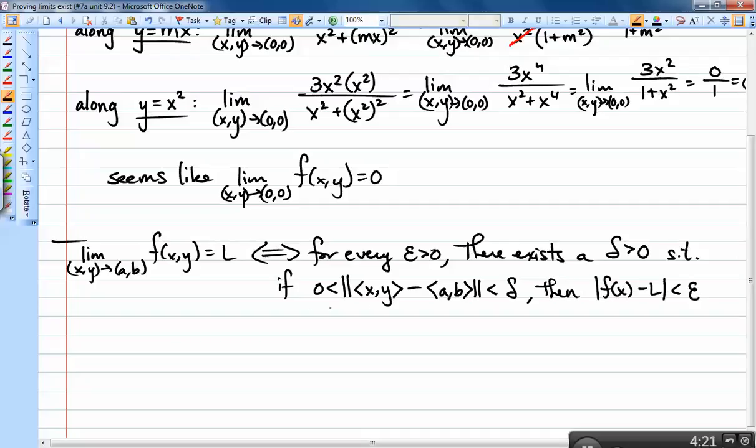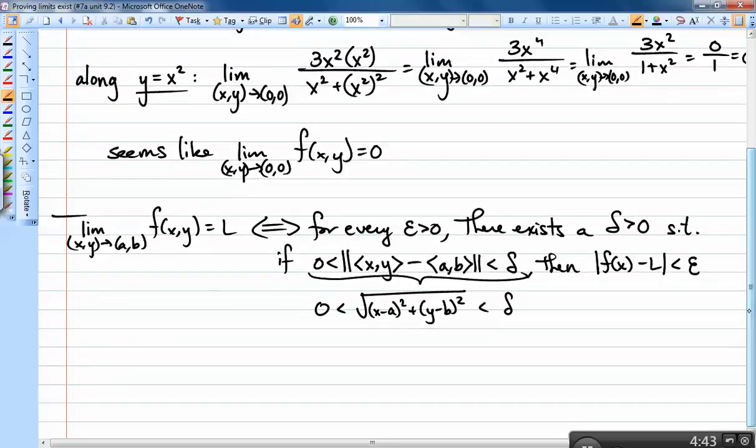And then this thing right here, since we have it in a couple dimensions, we can rewrite this as 0 is less than square root of (x minus a) squared plus (y minus b) squared is less than delta.